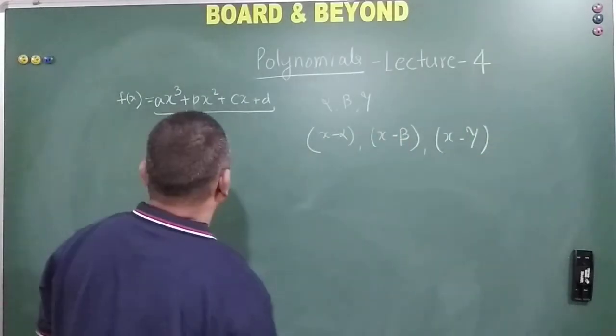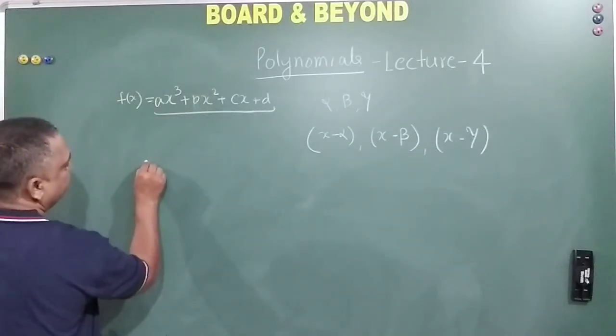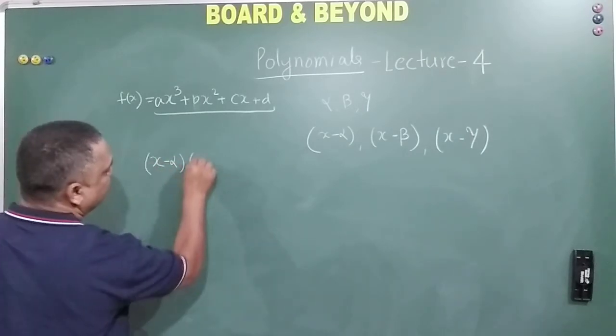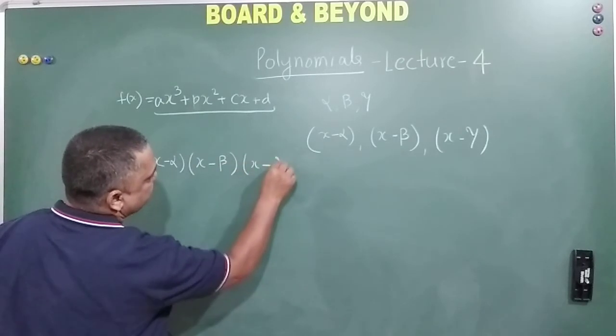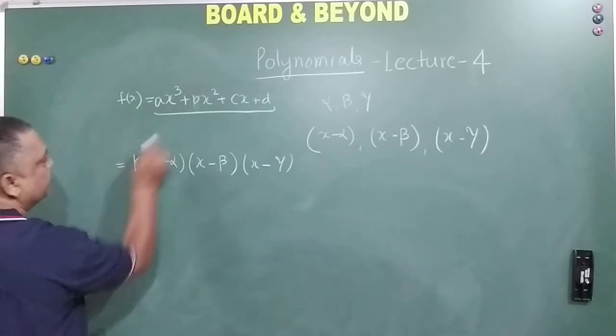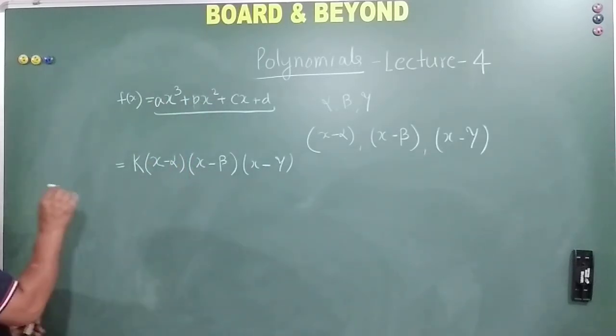Okay. So what we do here is that we write x minus alpha, x minus beta, x minus gamma, and introduce a constant k here, which is equal to your original polynomial. Is this visible on the board?